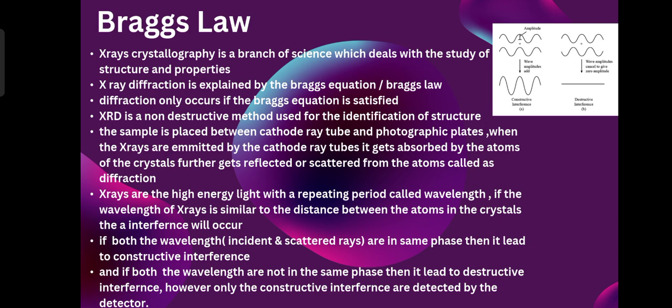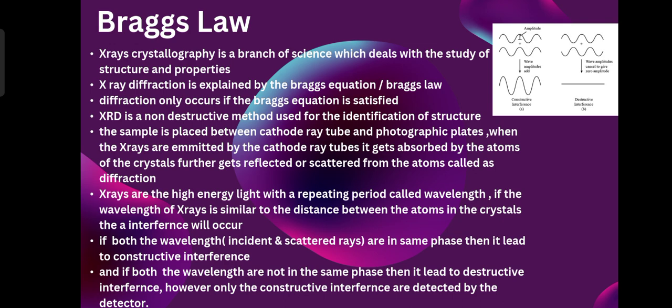Now, the sample is placed between the cathode ray tube and the photographic plates, in the sample holder. We have seen the working of a cathode ray tube, right? From the cathode ray tube the X-rays will be generated, and at the center the crystal sample is placed, and on the right-hand side are the photographic plates where the diffraction pattern will be generated, which will be detected by the detector.